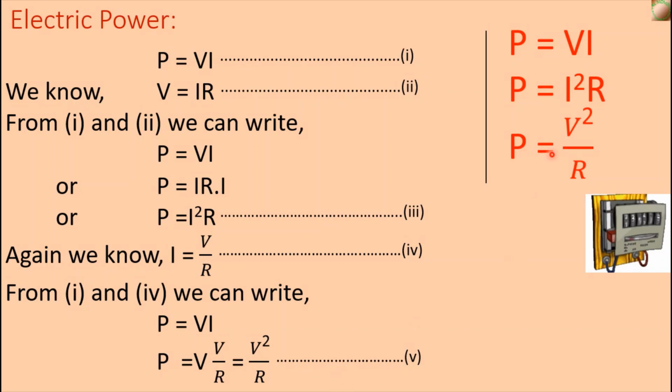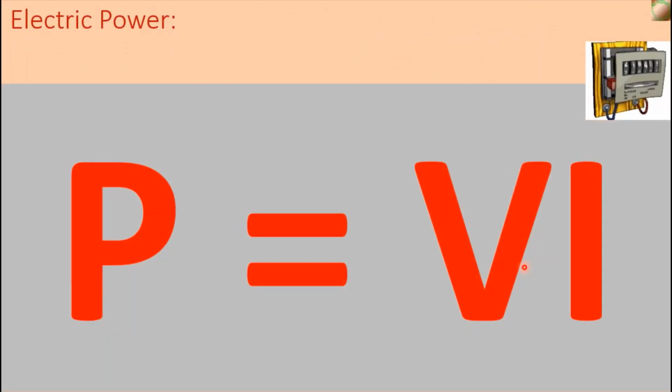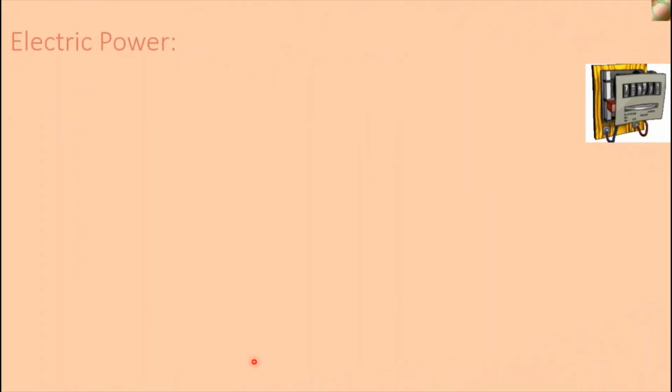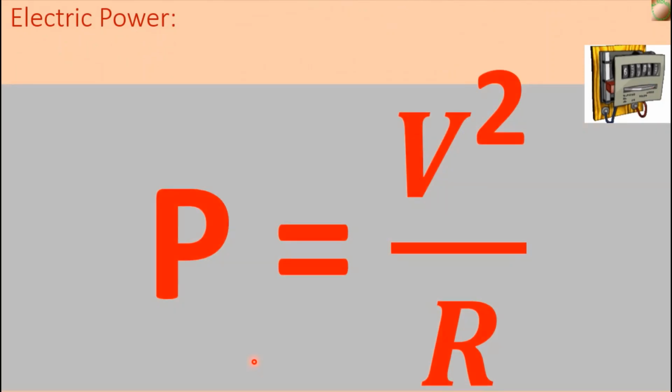So P is equal to VI is an equation of power, another equation is P is equal to I square R, and another equation is P is equal to V square divided by R.